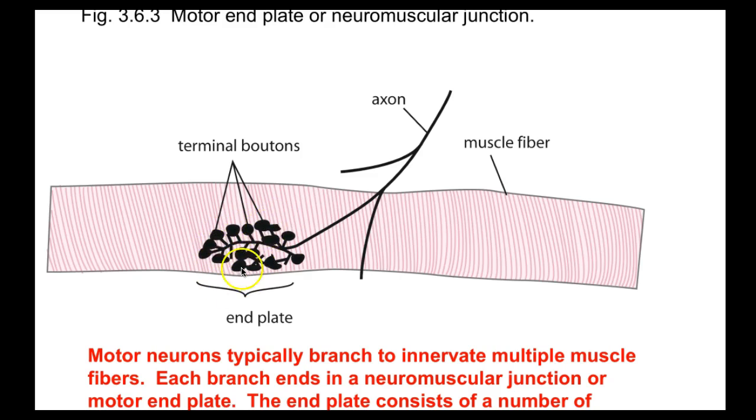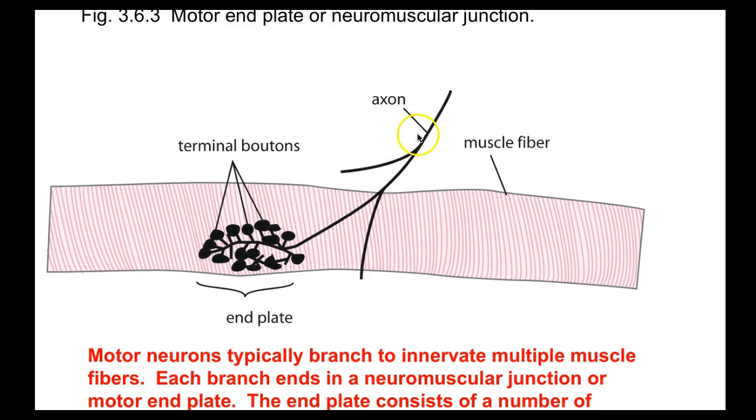This contact or junction, where the neuron communicates with the muscle fiber, is called the neuromuscular junction. And also the end plate: the postsynaptic site on the muscle fiber is called the end plate.